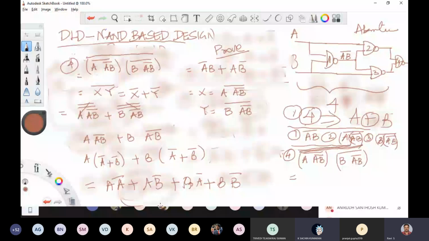If you assume A is equal to 1, A bar becomes 0. So A into A bar is always 0. So that term is cancelled, and the B B bar term is cancelled. So you'll get your expression as AB bar plus A bar B or B A bar. So this expression is equal to A exclusive OR B.